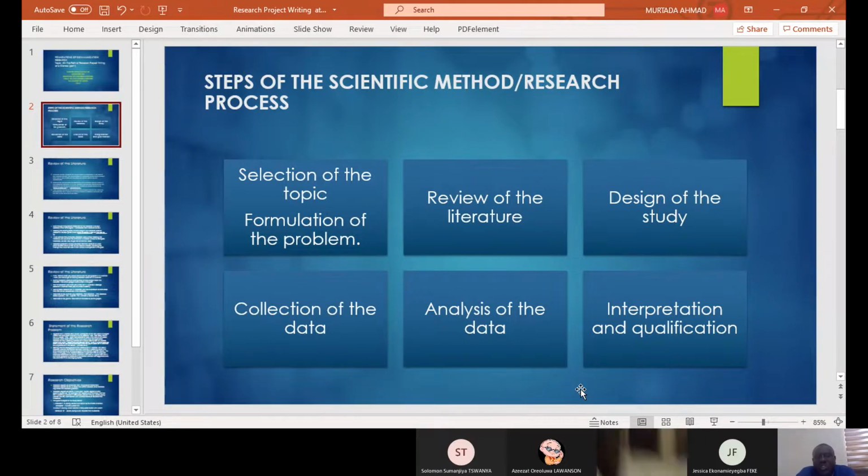What is review of the literature? Review of the literature suggests reading the existing body of knowledge, that is, what scholars before us have done, what they have written on the subject matter of interest that we would like to venture into and write research about.